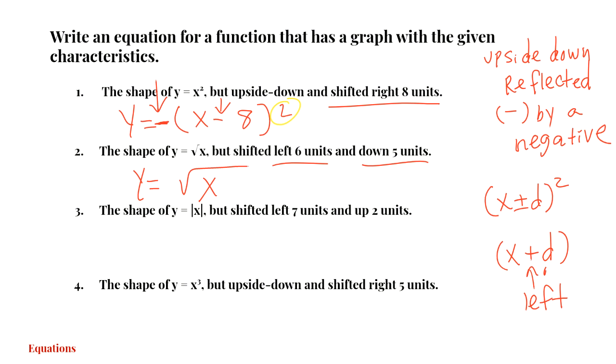It doesn't matter what grouping symbol you have. If it's a positive, it's on the left. So you will write plus 6 inside. And then down 5, that goes at the end. So we'll go down 5, minus 5.